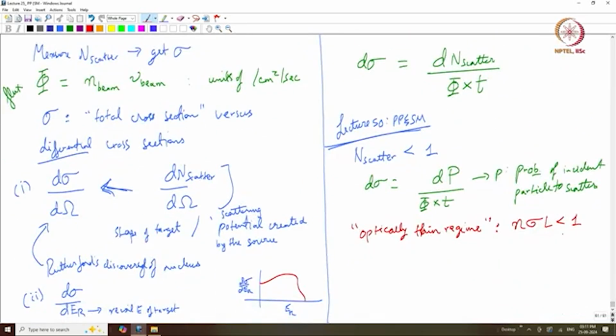That's what I've written here. So that's the total number of scatters I expect as the bullet passes through the bunch of balloons. And if I expect that number of scatters to be less than 1, it means the cross section is so small, right, that we are in the optically thin regime. In other words, the detector is almost transparent to the bullet. Okay, that's where the optically thin comes from.